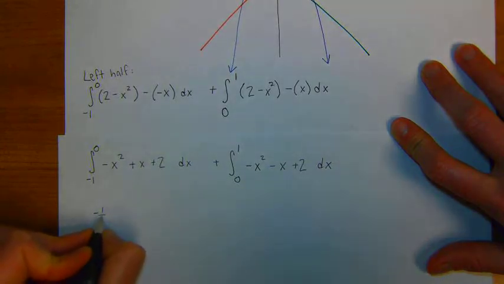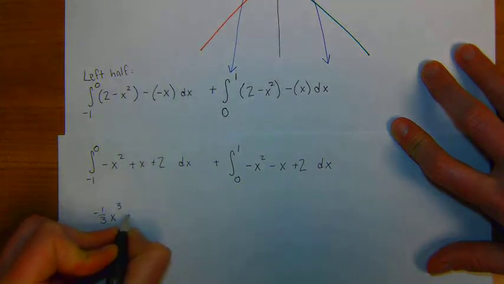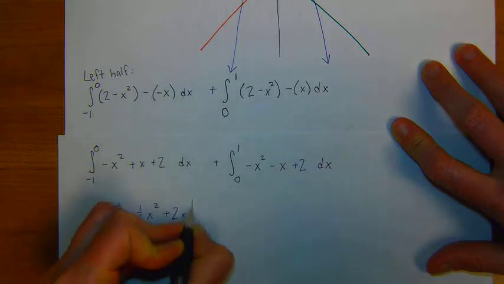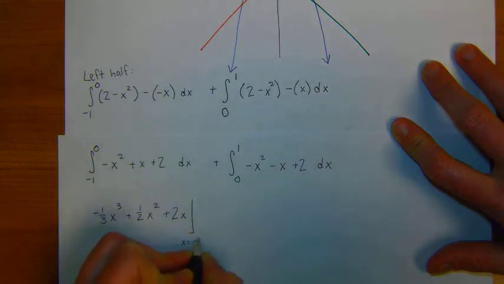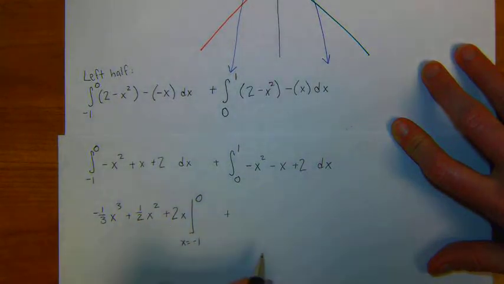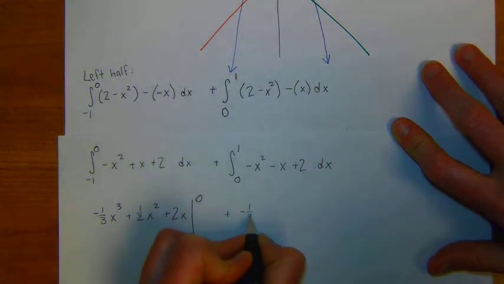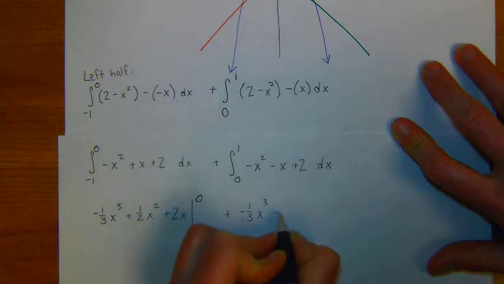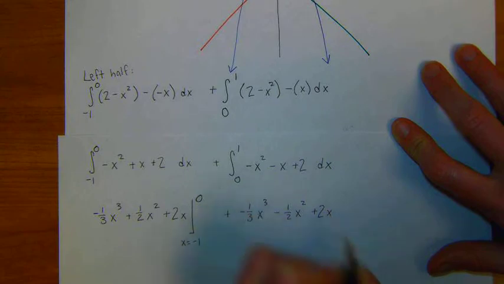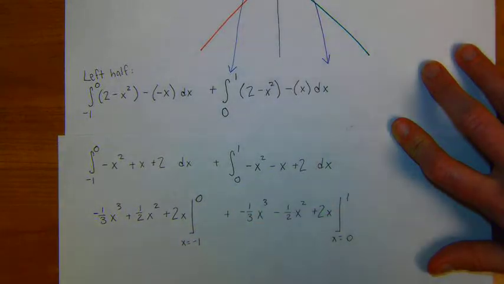This becomes -1/3 x cubed plus 1/2 x squared plus 2x evaluated from x equals -1 to 0. And I'm also going to add on the second integral, which is -1/3 x cubed minus 1/2 x squared plus 2x evaluated from x equals 0 to 1.